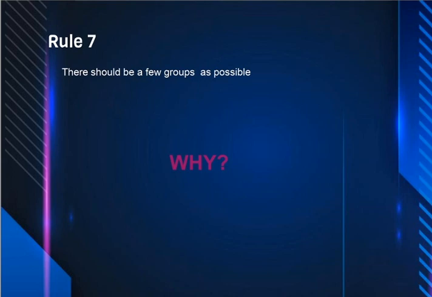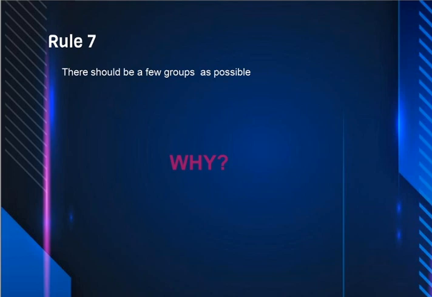Our main task is to use fewer logic gates. The fewer the logic gates, the simpler our design, and it's considered a good design. So that is the reason there should be as few groups as possible.